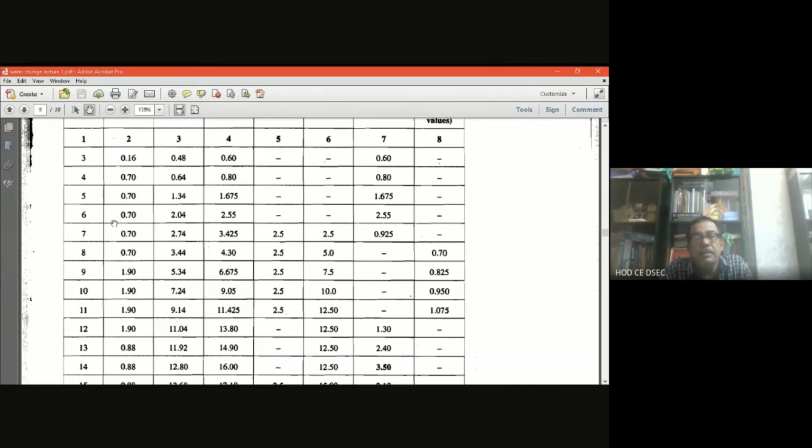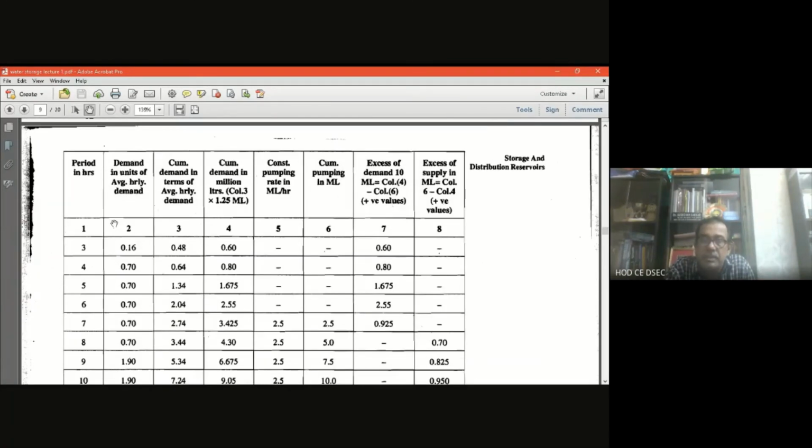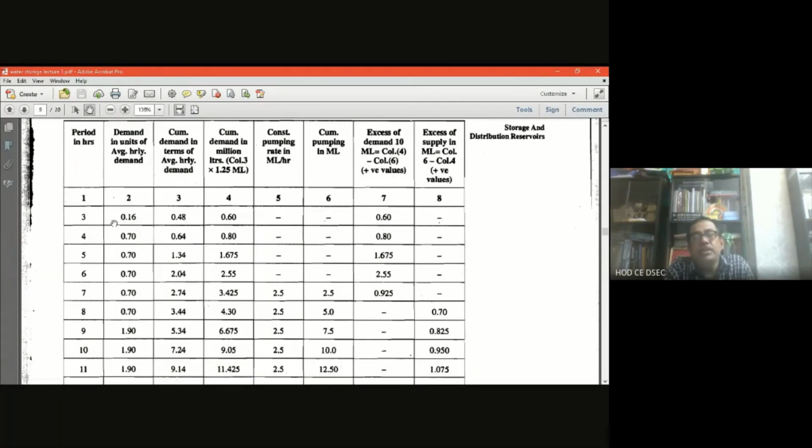But here we have to find out correctly the capacity of the tank, because the design of the tank, whether rectangular or circular, is based on the storage capacity, so that there is no hindrance in supplying water to satisfy the demand of the community.